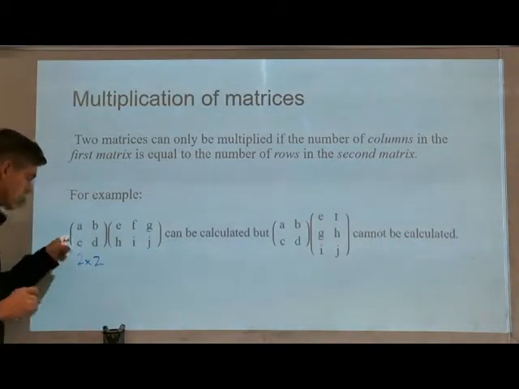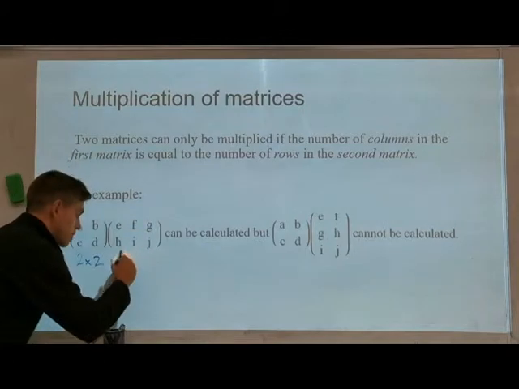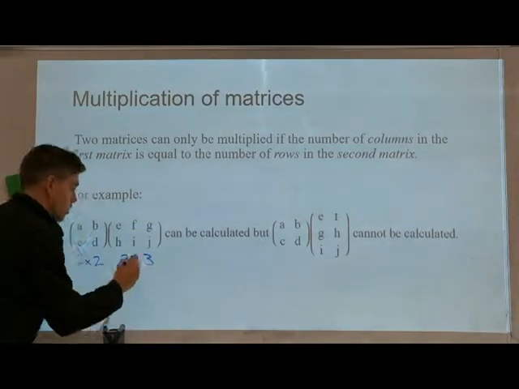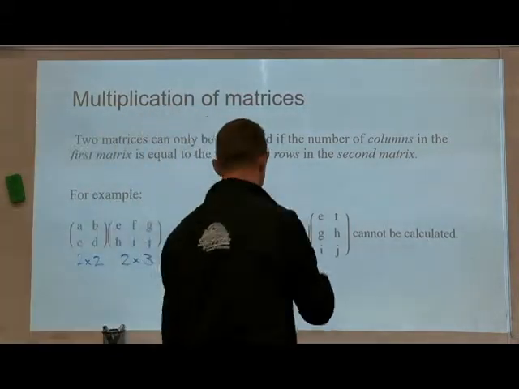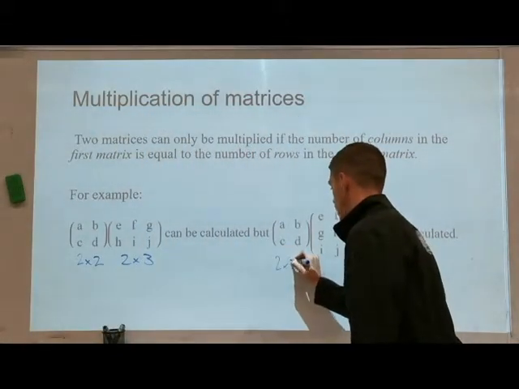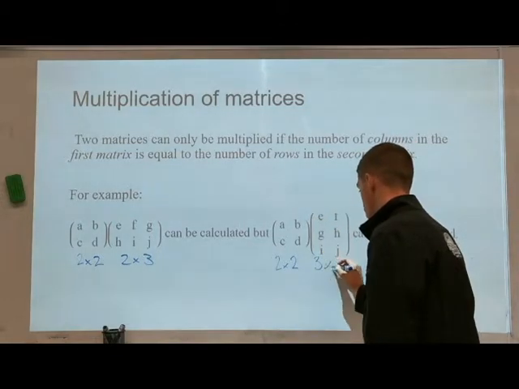This first one is a 2 by 2, 2 rows, 2 columns. The second one has 2 rows and 3 columns. And over here, we've got 2 by 2 again, and 3 rows by 2 columns.